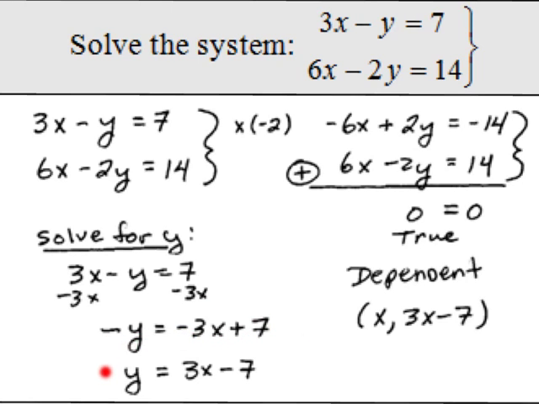When you divide by negative 1, you get y equals 3x minus 7. Now we have something that we can actually substitute in somewhere in order to solve the system of equations. So we can put it in right there.